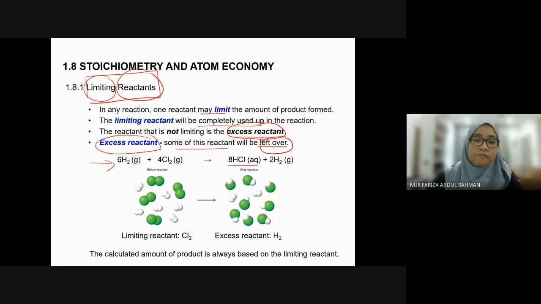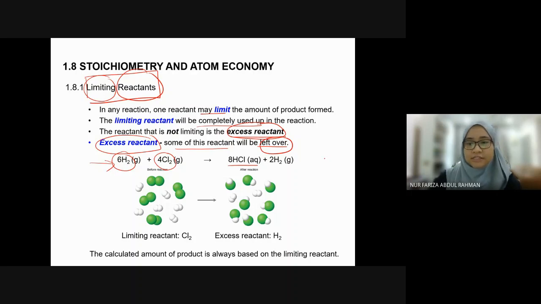So from this reaction, we could see that chlorine is the limiting reactant, and hydrogen is the excess reactant.